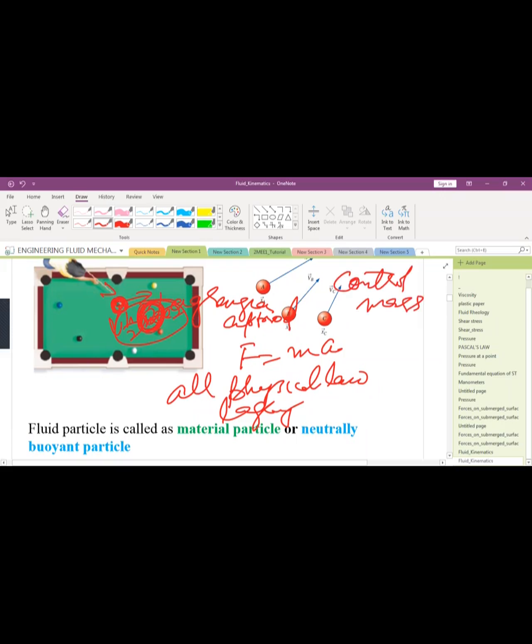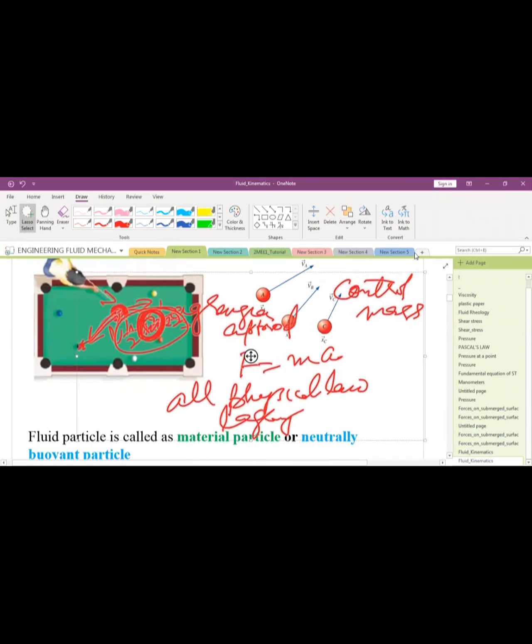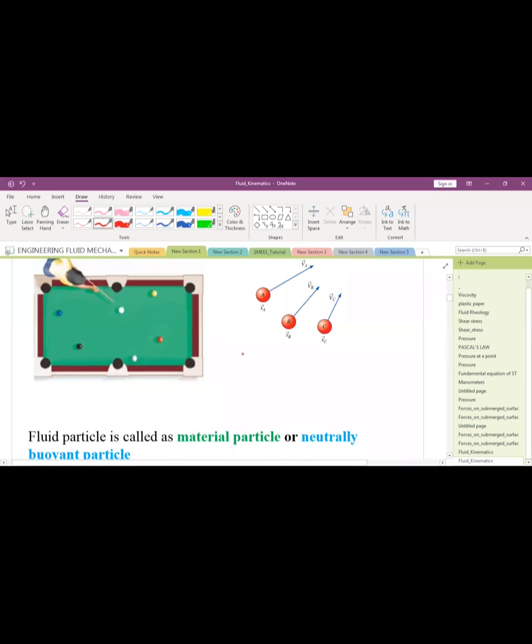So I am tracking the ball and finding out its energy as it is moving. If it collides with the other ball, there will be momentum exchange and its kinetic energy will change. And all the laws which you have studied in high school physics are inherently like this. So they are applicable on a given mass.